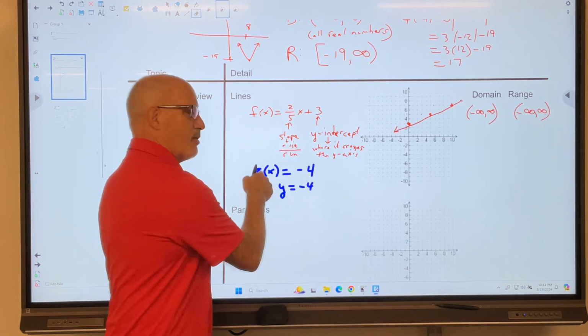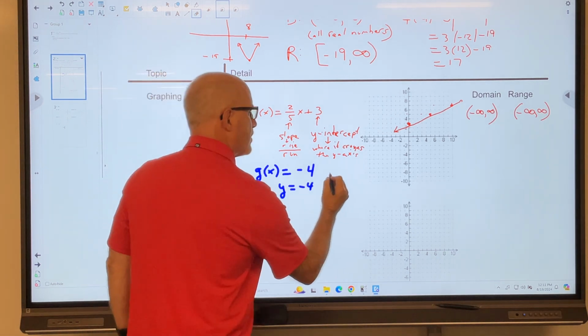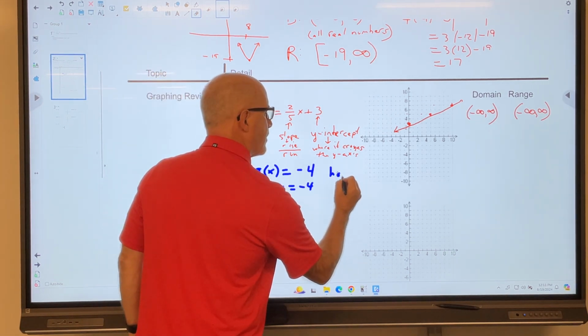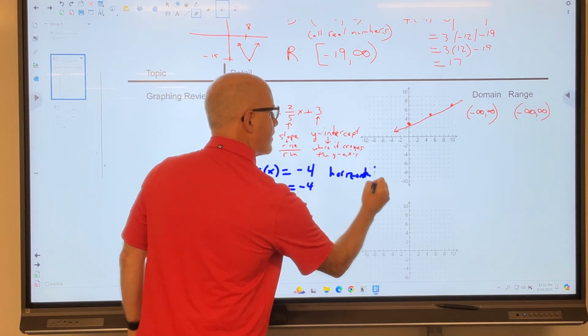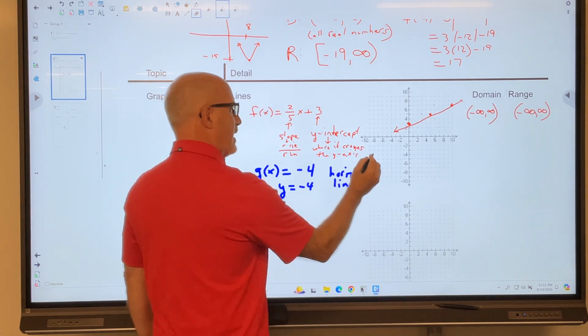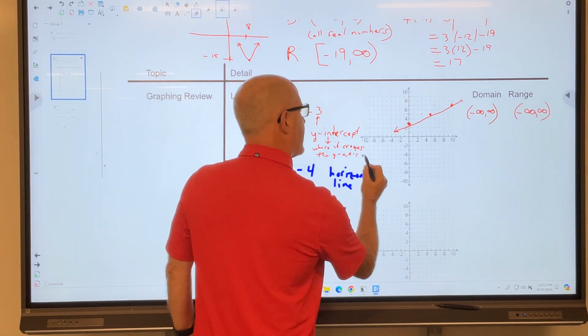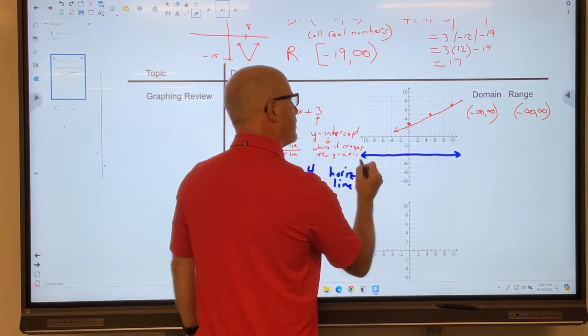When I have function notation, it means the same as y equals. Remember that is a horizontal line. So y equals negative 4 is just a line like this, straight across at negative 4, horizontal.